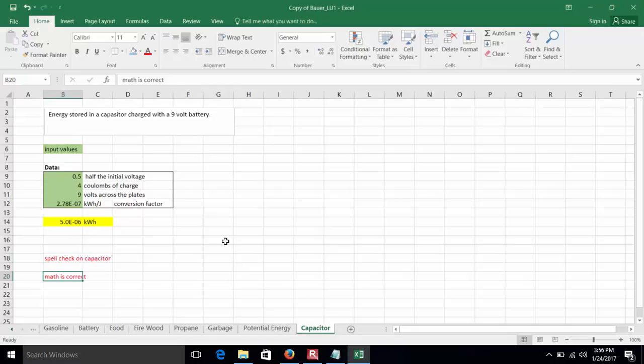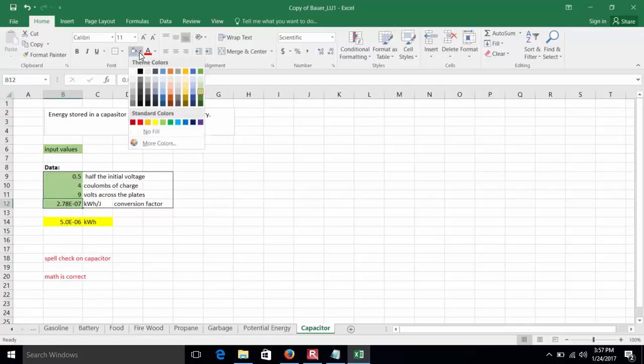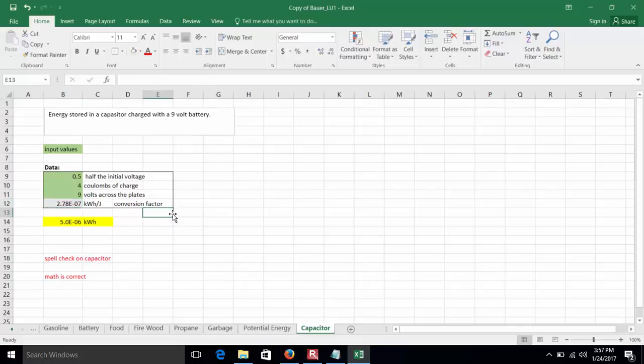Okay. This is a good one. Half of the initial voltage. So, yeah, coulomb of charge, volts. Yeah, that guy's a conversion factor. That's right. I do not remember the formula right off the top of my head for joules in a capacitor.